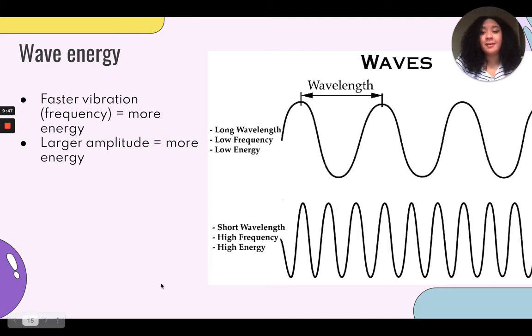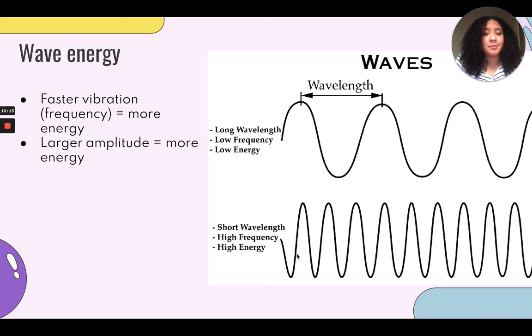Then all waves have energy because they're transferring energy from place to place. The wave energy shows how much energy it has. It's just a faster vibration, so the more vibration, or the higher the frequency, the more energy. We can also see that by a larger amplitude.